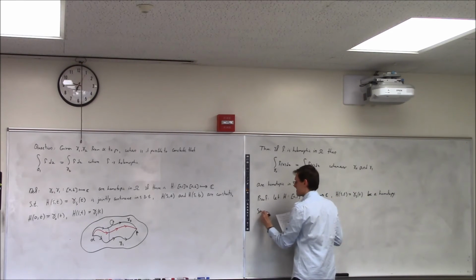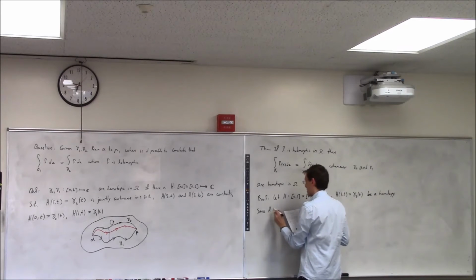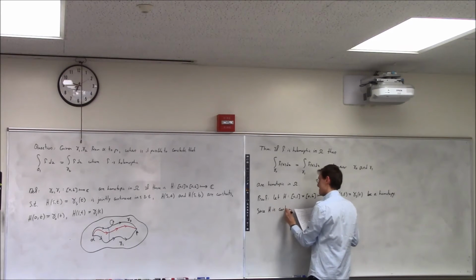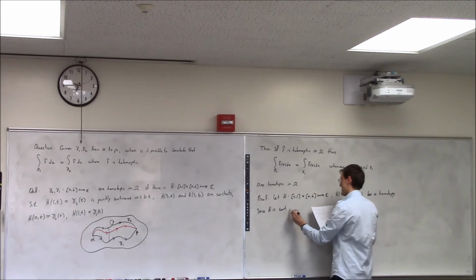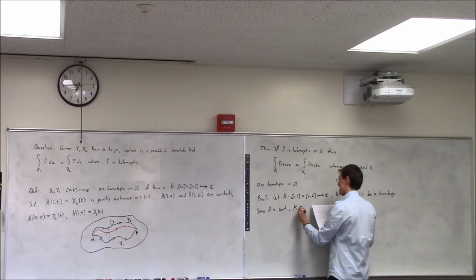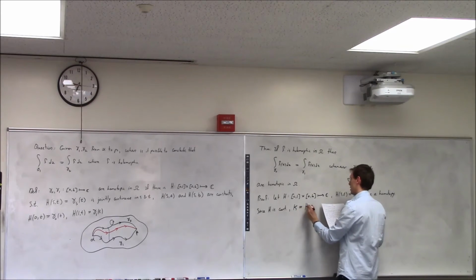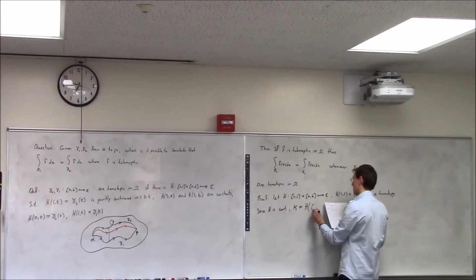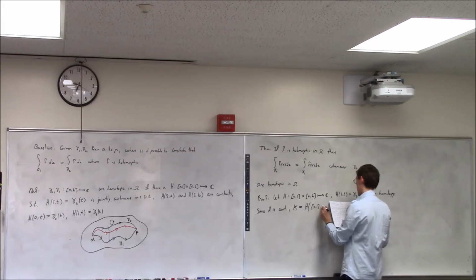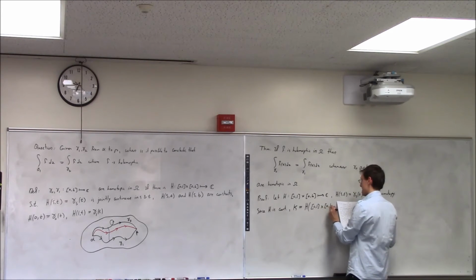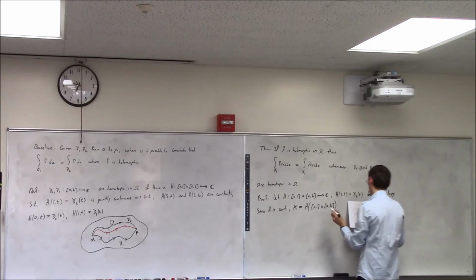Since H is continuous, we have that K, which is equal to the image under H of the interval [0,1] times [a,b], is compact.